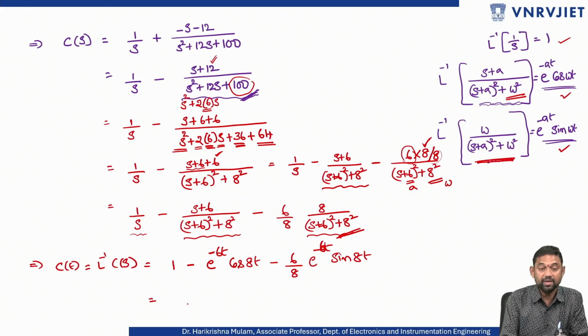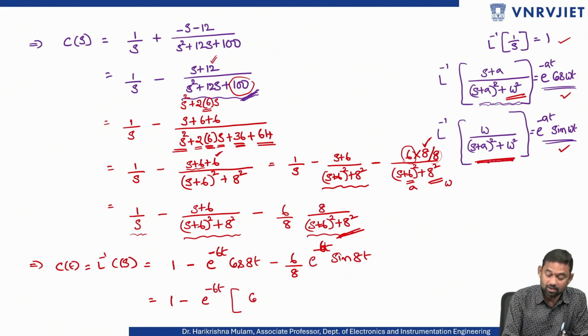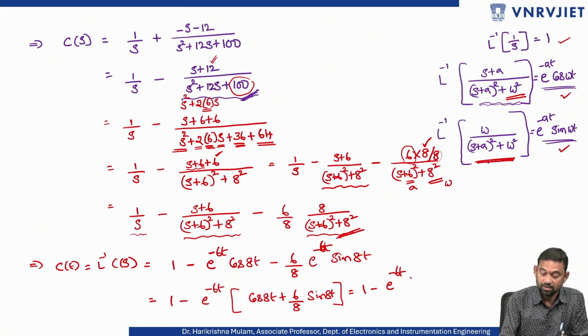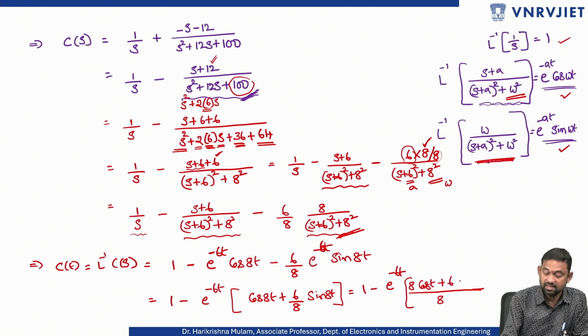And if you take e power minus 6t common, 1 minus e power minus 6t into (cos 8t plus 6 by 8 sin 8t). That is equal to 1 minus e power minus 6t into, if I take LCM, the denominator is 8, and here it is 8 cos 8t plus 6 sin 8t.